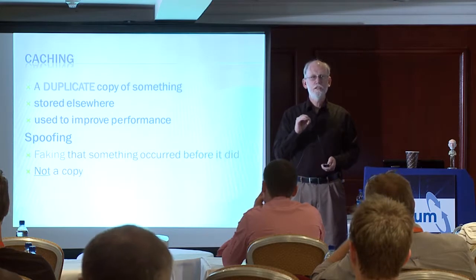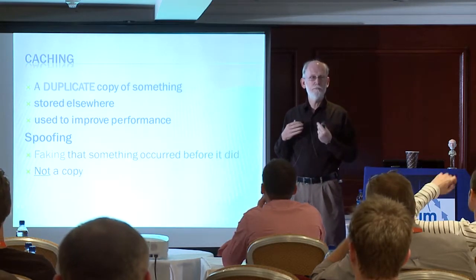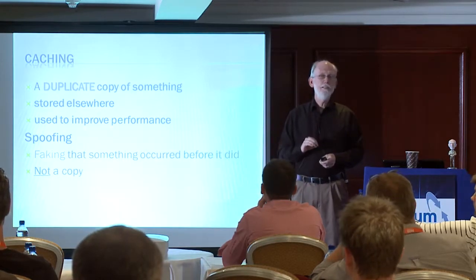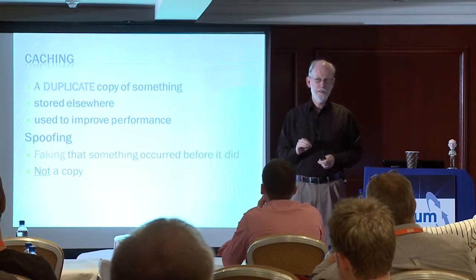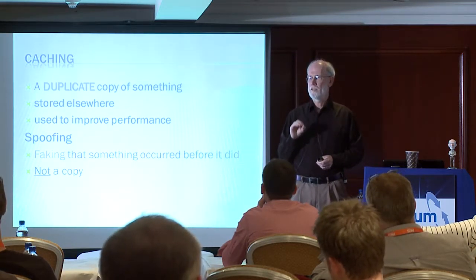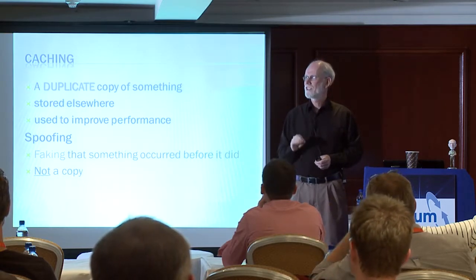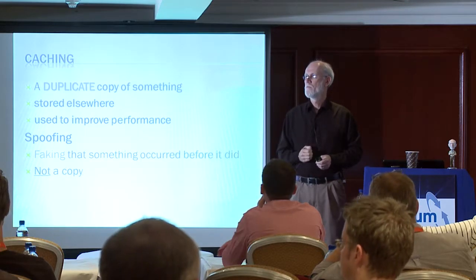Okay? And I want to contrast that with another term that I use. This is my term. No one else that I know uses it, called spoofing. And in spoofing, a lot of times we'll see things that vendors will call caching, but it's a very different operation. Specifically, we don't have a duplicate copy of something.